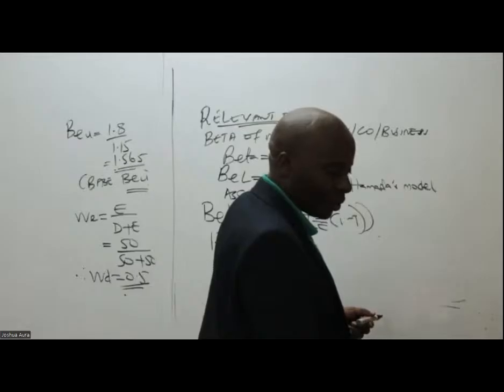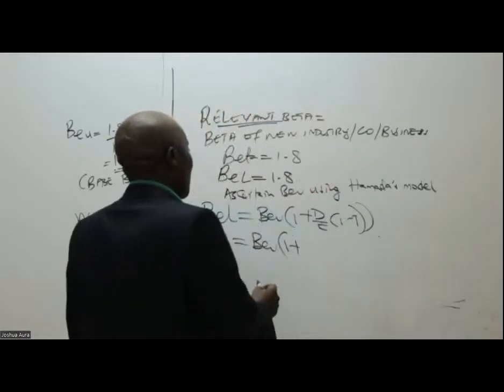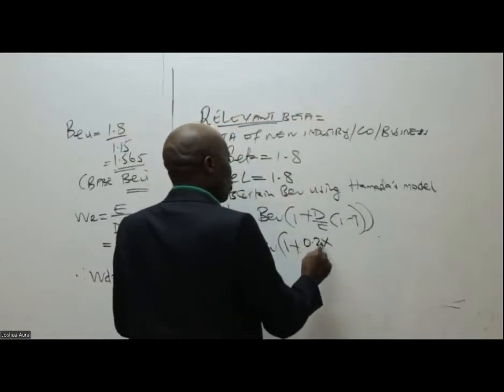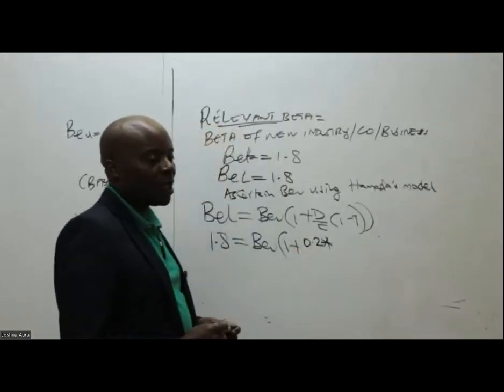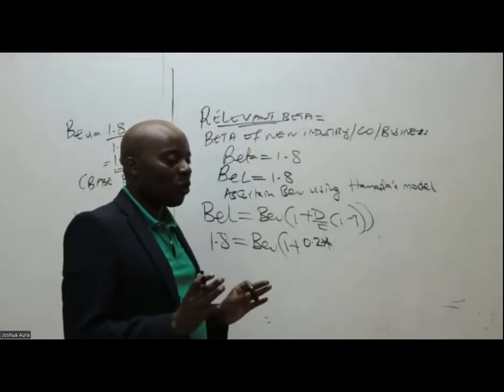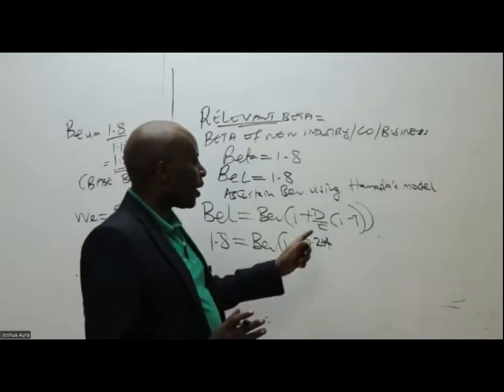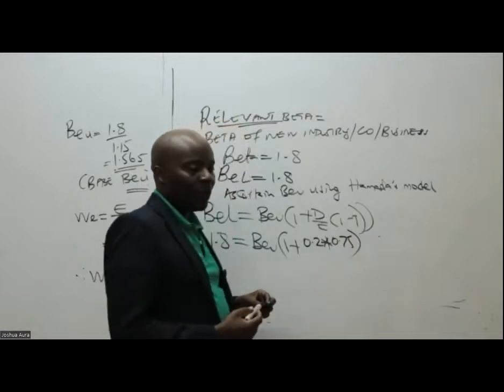In this question, they have given me the debt to equity of this new business. They've told me the debt to equity is 0.2. So debt over equity is 0.2, times 1 minus tax. Have they given me the rate of tax? Never assume it's 30%. In finance, if tax is not given, take it to be 0.25. So 1 minus 0.25 gives me 0.75.